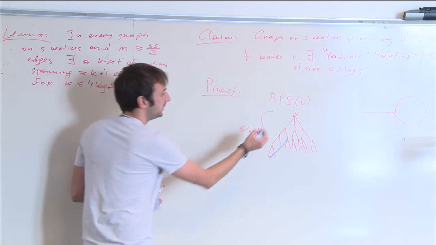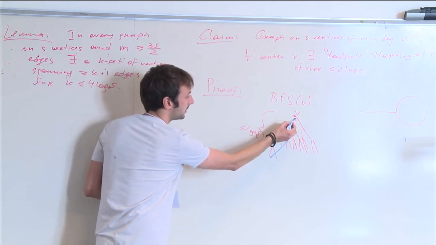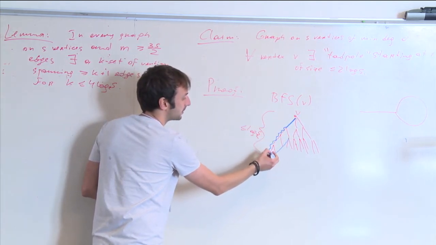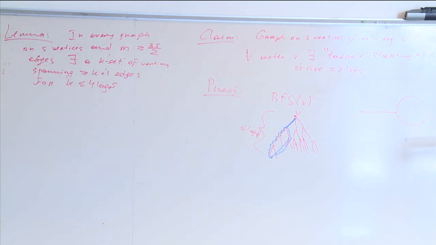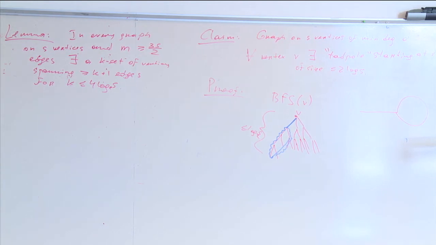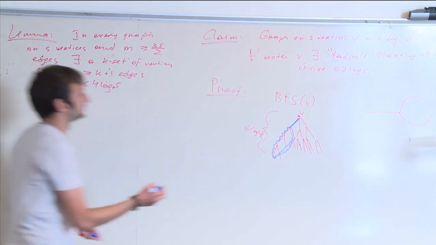And this gives me a tadpole. So here is my path, and here is my cycle. The depth is log s, so the total number of vertices or edges in the graph is at most 2 log s.